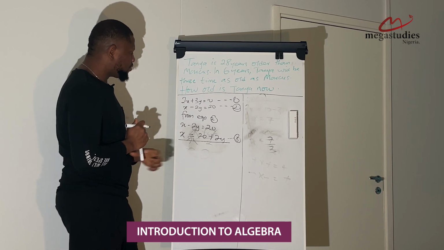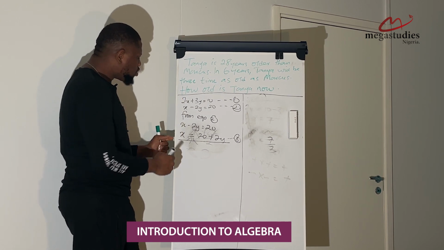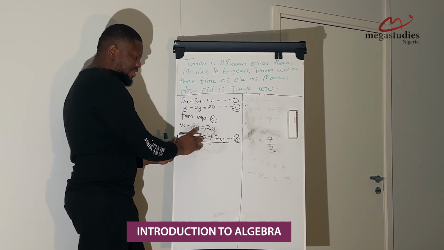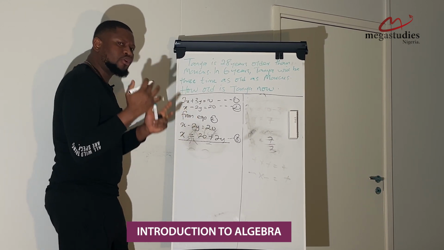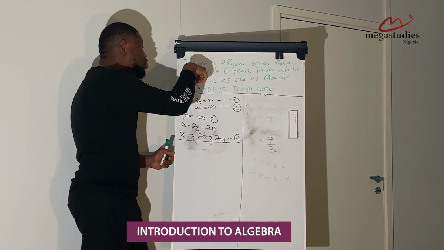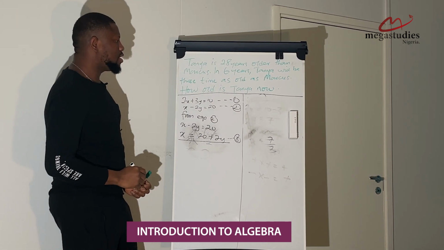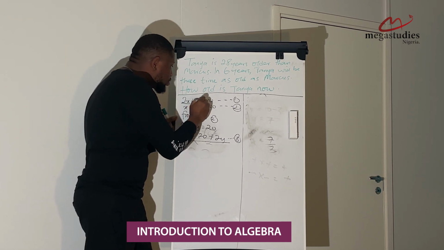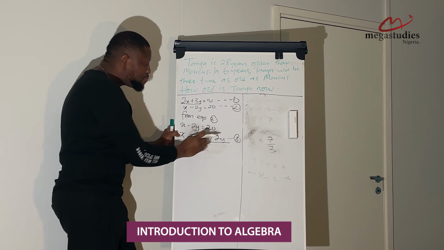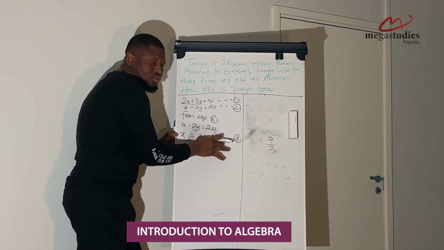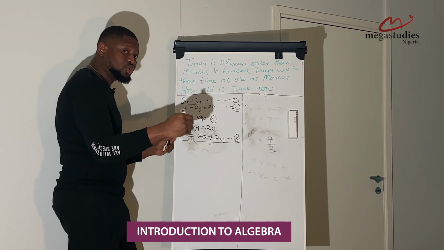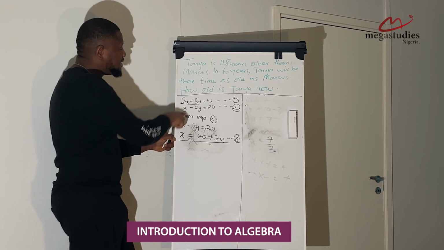Because we already know x equals 20 plus 2y, we substitute this x equals 20 plus 2y in equation 1, because we've not used this equation. Anywhere we see x, we put the value. That is what we call the substitution method in solving simultaneous equations.